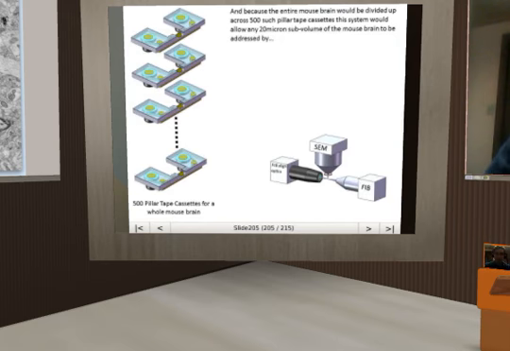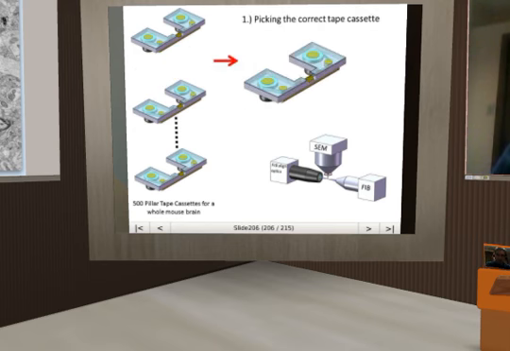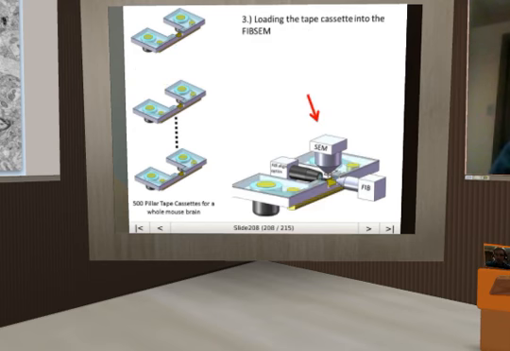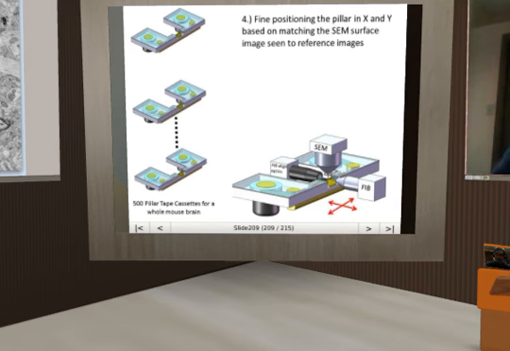Because the entire mouse brain would be divided up across 500 such pillar tapes, this system would allow any 20 micron subvolume of the mouse brain to be addressed by: 1, picking the correct tape cassette out of the 500 that have been created; 2, reeling the tape to the proper position and clamping the pillar in place; 3, loading the tape cassette into the FibSim; 4, fine positioning the pillar in X and Y based on matching SEM surface images to reference images, and then raising the pillar slowly until the FIB align optics records that surface milling has begun.